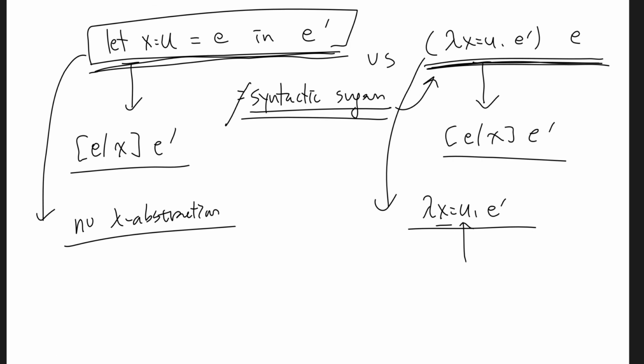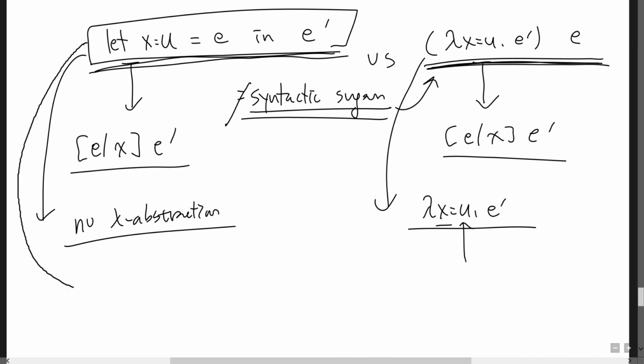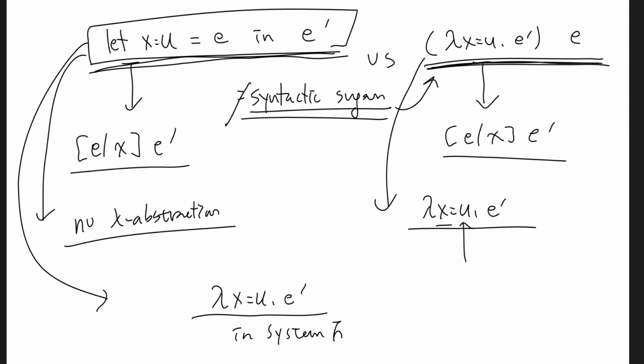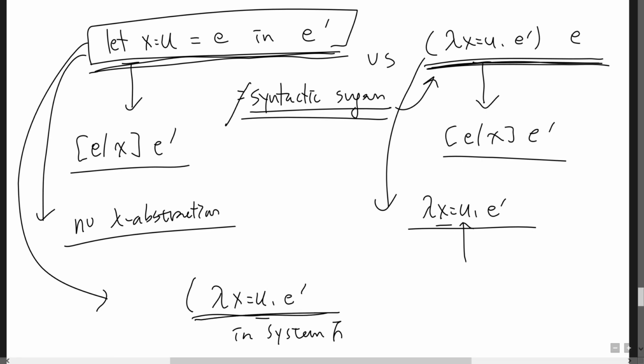Or alternatively, we may think of this let binding as this lambda abstraction that is allowed only in system F. So we temporarily allow a function that has this polymorphic type for its variable. So we temporarily create this lambda abstraction, but we require that this lambda abstraction should be applied immediately after its declaration to argument E.